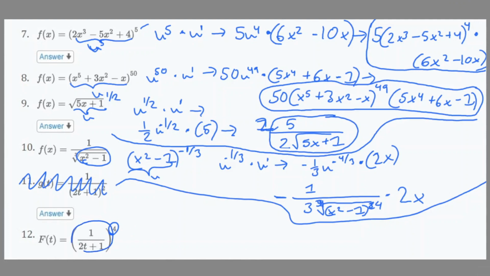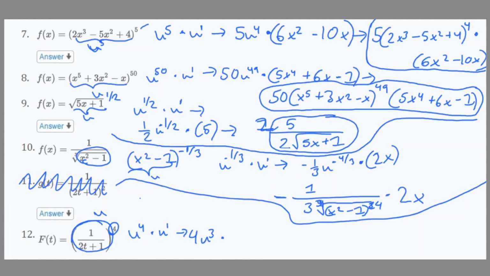So this whole thing is going to be u, so we'll do u to the 4th power multiplied by u prime. Now if we find the derivative, it would be 4u to the 3rd power multiplied by u prime.